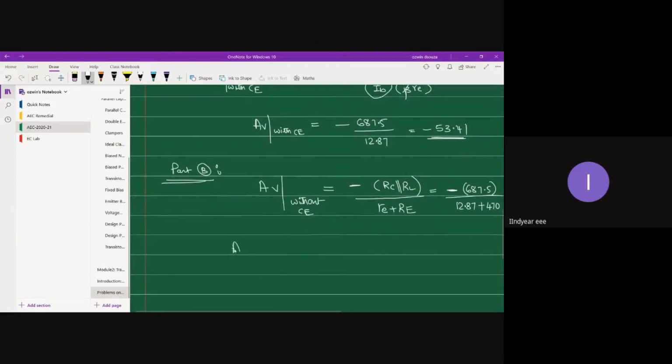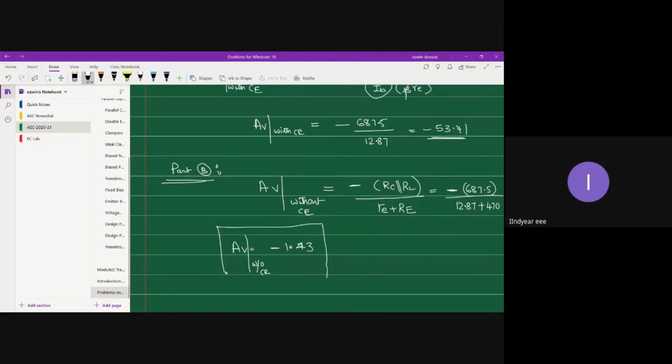So that gives AV without C as, did anyone calculate? Minus 1.4237, okay, minus 1.43.